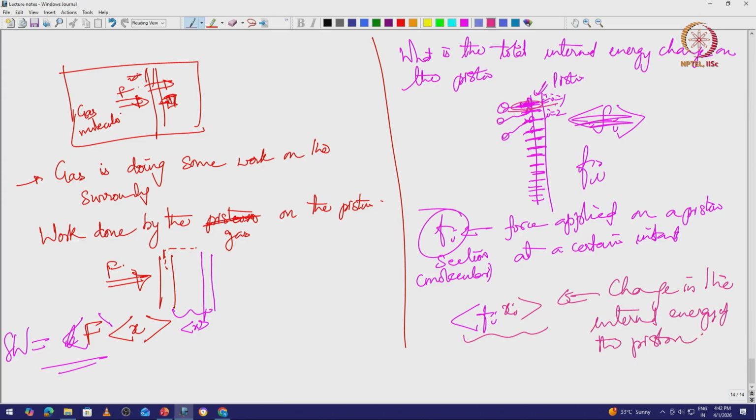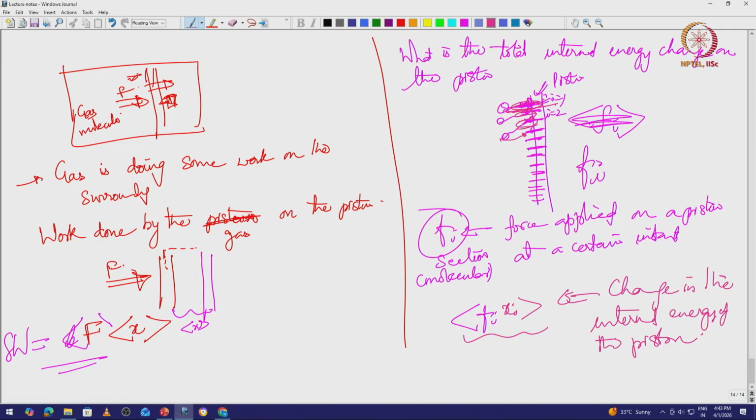So, force times displacement, that is the total energy. I am counting the force times displacement of every atomic section or every molecular section. Some gas molecule comes and hits the first part, some gas molecule comes and hits the second part, the third part, the fourth part, and so on, everything with slightly different forces, and everything is displacing.